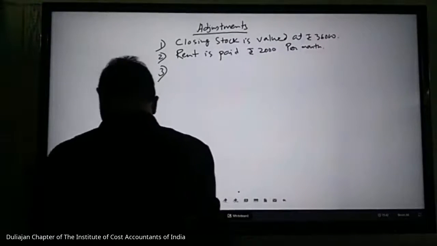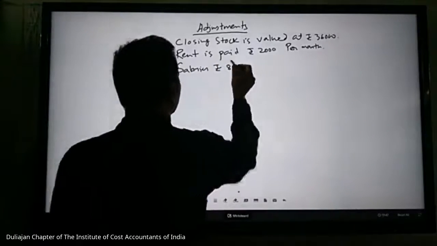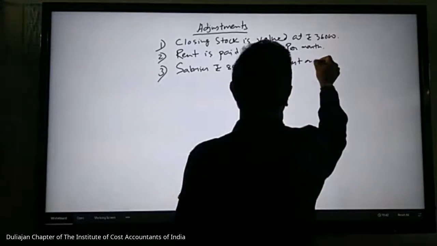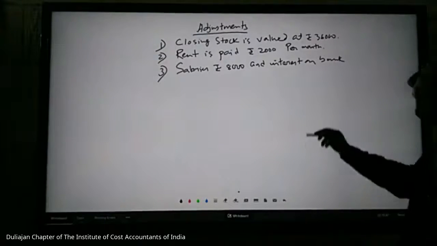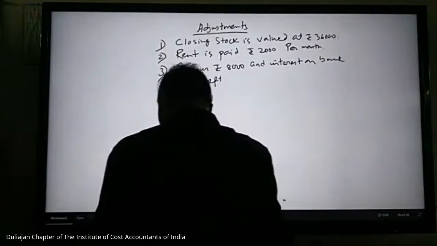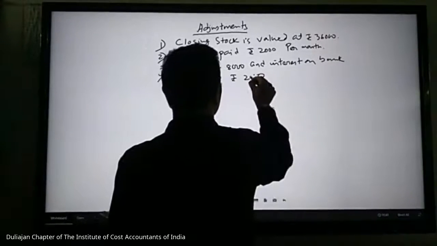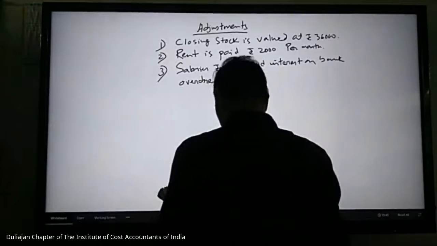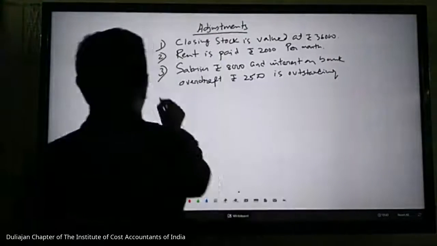Number three, salary rupees 8,000 and interest on bank overdraft rupees 2,500 is outstanding.